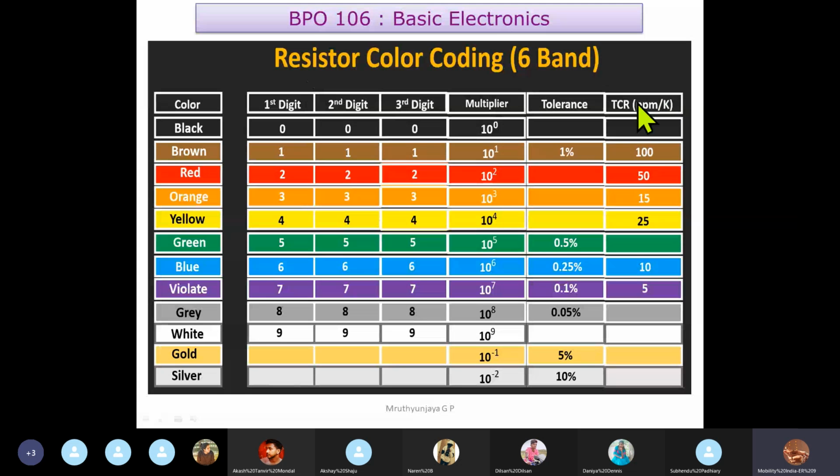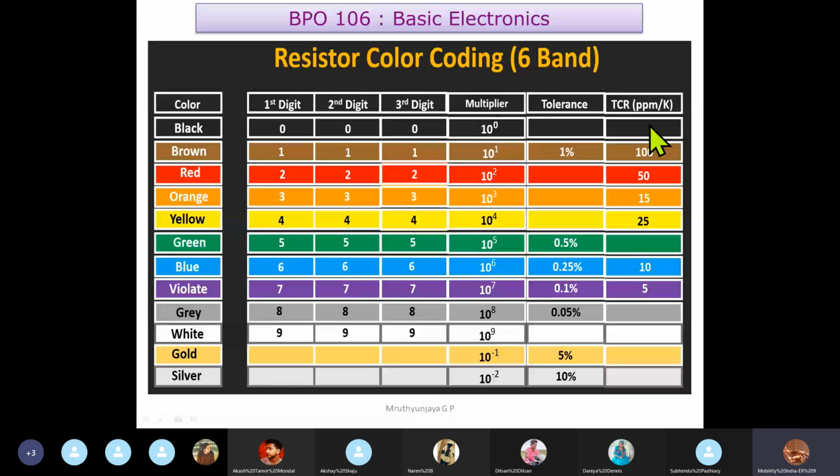This is in ppm per degree Kelvin. The unit of temperature coefficient of resistance represented by these color bands is in terms of ppm, that is, parts per million. Million is 10 lakhs, so 1 in 10 lakhs.